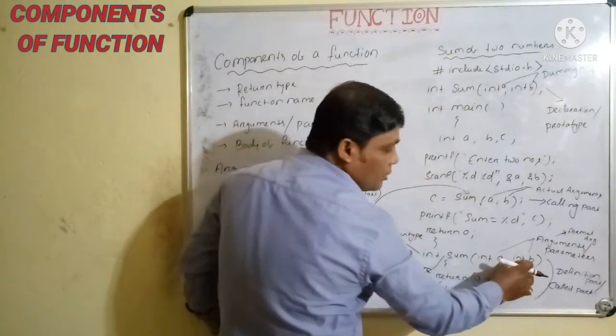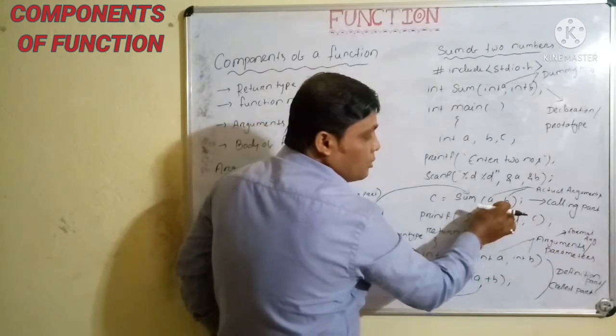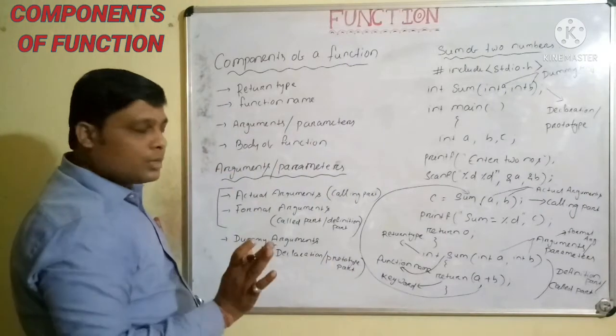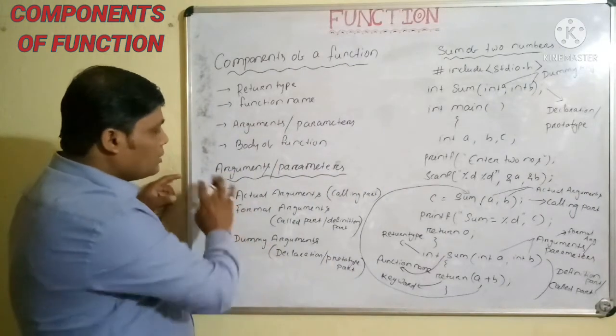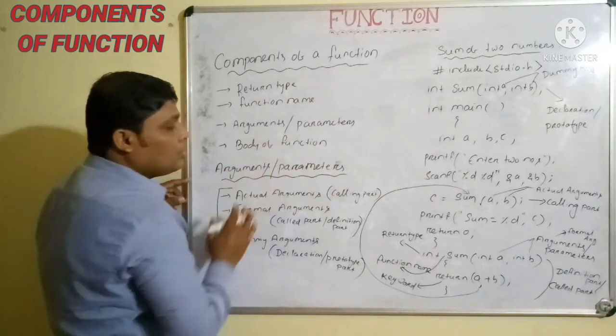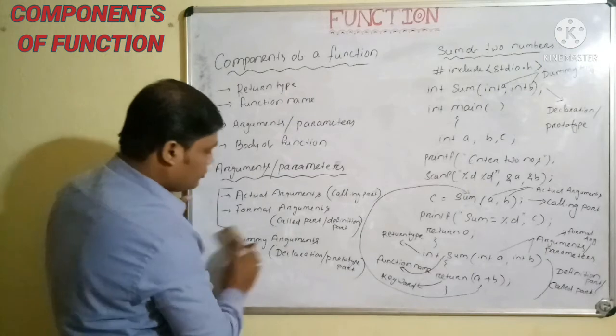These arguments, the definition part arguments, are called formal arguments. The calling part arguments are called actual arguments. Clear? This is all about the arguments or parameters. Clear?